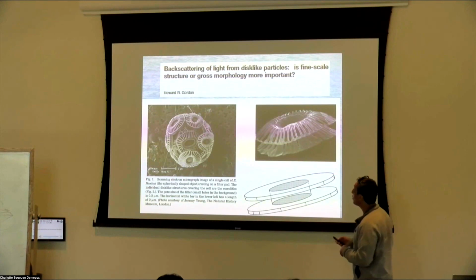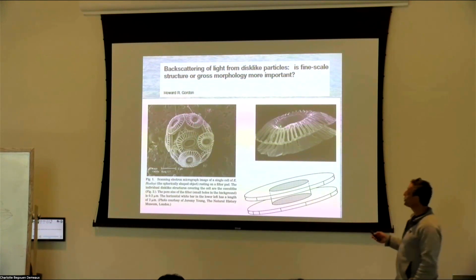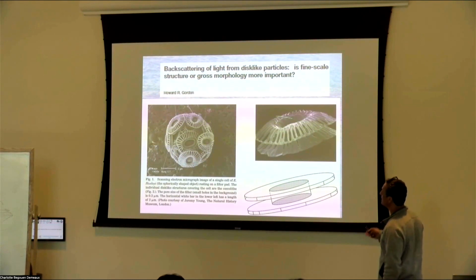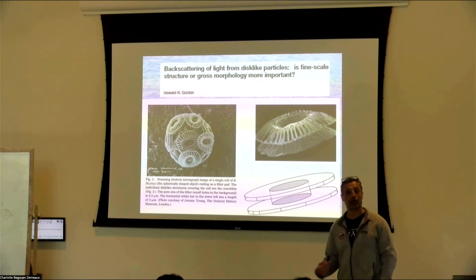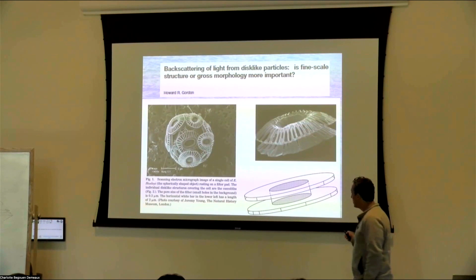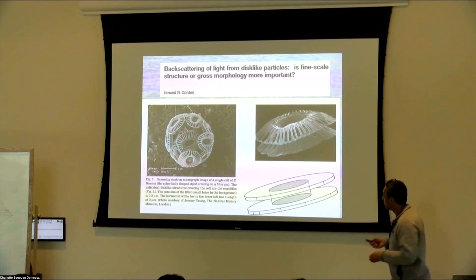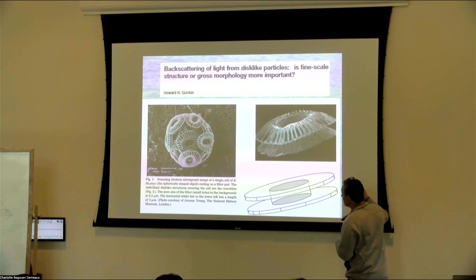So now a paper by Gordon, where he looks at these coccolithophores and is trying to model, is this little variability important to the optical properties? The way you do it is you build a model, using these dipoles that you put into your model in specific ways.